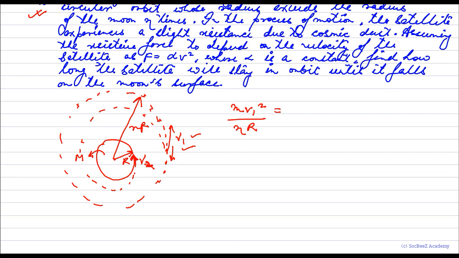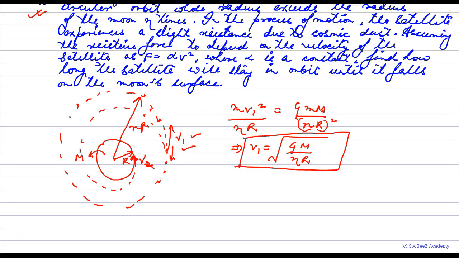This is going to be equal to the gravitational attraction of the moon and the satellite. So this gives me the value of v1 as root over GM upon ηR. So this is going to be the velocity of the satellite initially.